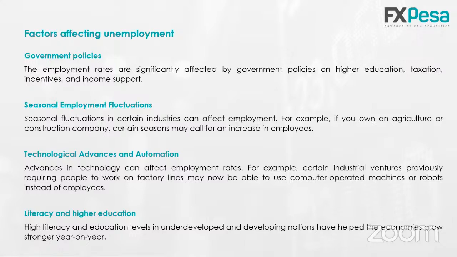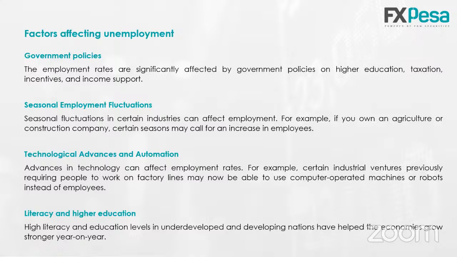Then when it comes to technological advancements and automation, you'll notice that as we continue to advance technologically, this can affect the number of jobs that are created or the number of jobs that are lost.